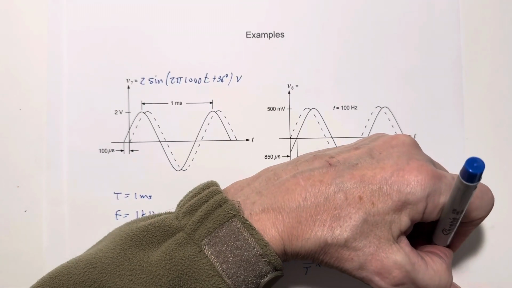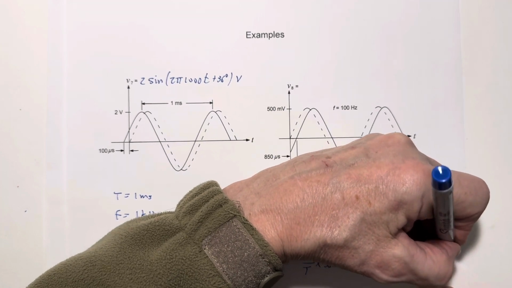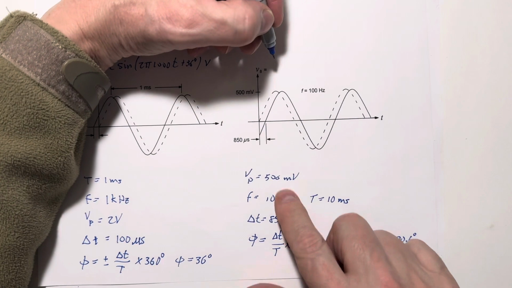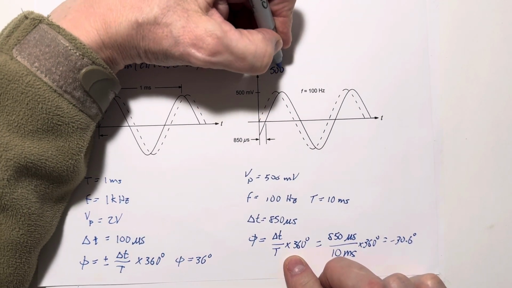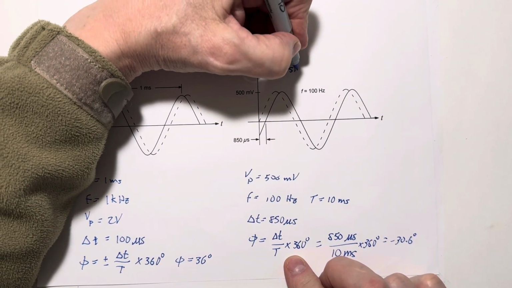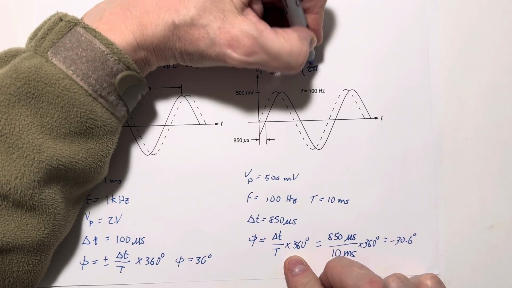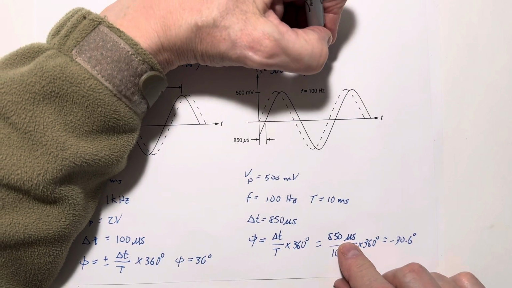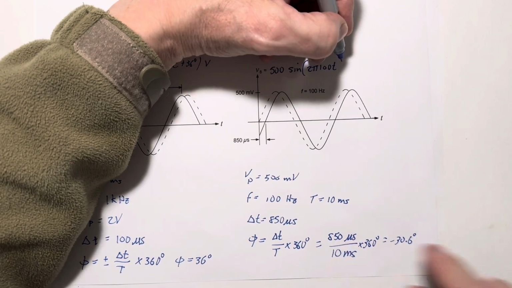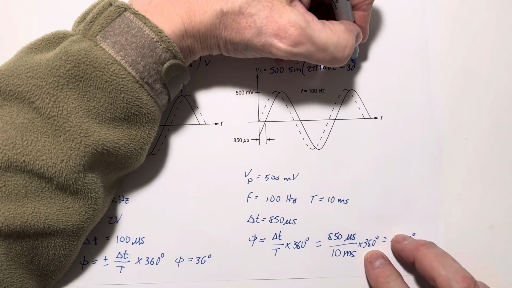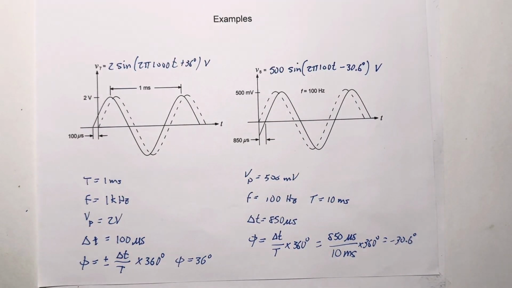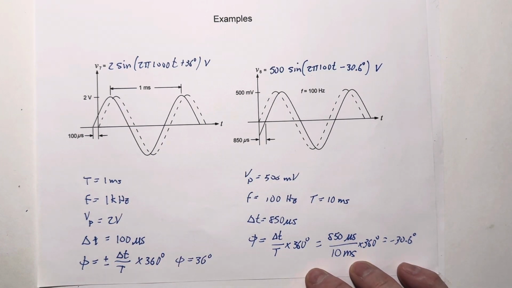So I'm going to call that minus 30.6 degrees. And our equation then is V8 equals 500 sine 2 pi 100 t minus 30.6 degrees volts. So there we go. There are two examples of waveforms where we had to calculate the phase angle.